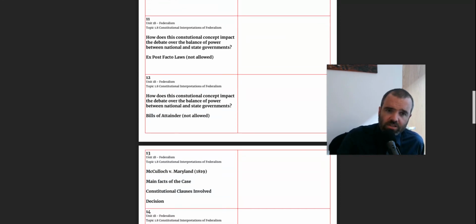These two concepts here, ex post facto laws and bills of attainder, are things that the government is not allowed to do. I haven't talked about these explicitly, so I'll mention them. An ex post facto law is a law that criminalizes behavior that occurred prior to the passage of the law. So if you pass a law that says something has been illegal for the past 10 years and we're going to punish people for it, that's something that is prohibited to prevent both state and federal governments from taking away individual rights and freedoms.